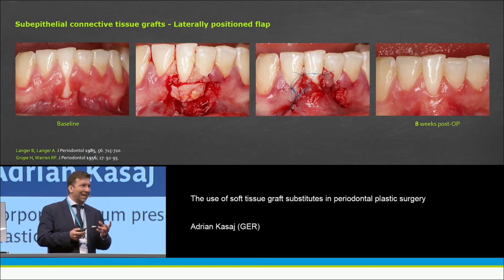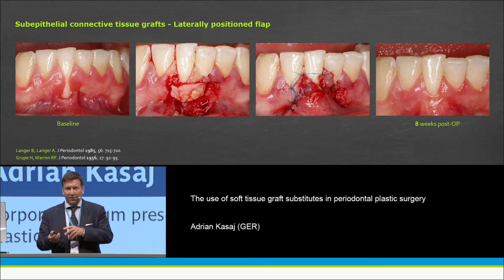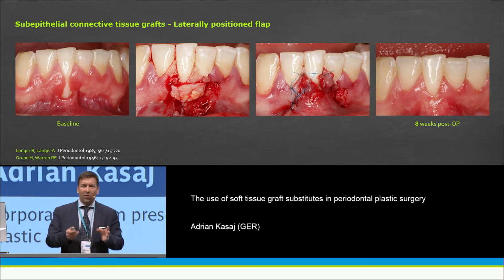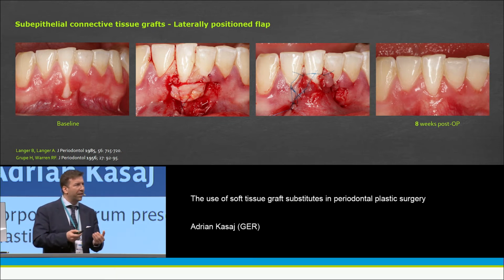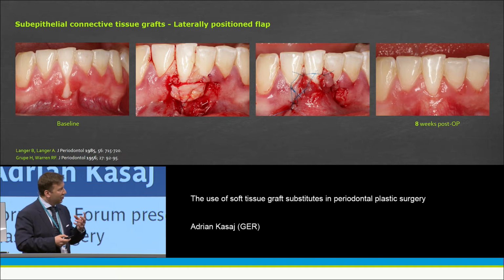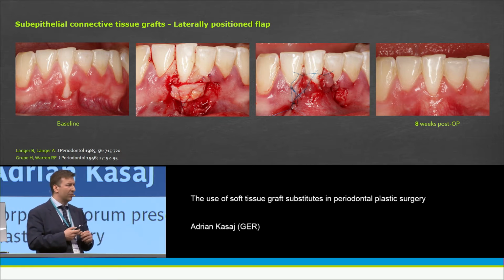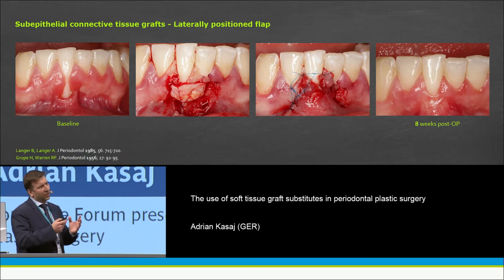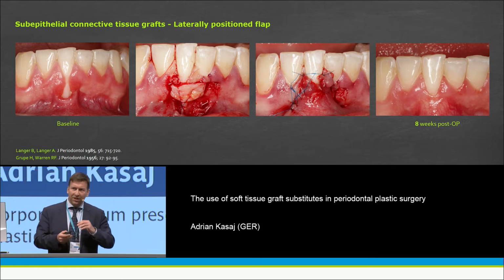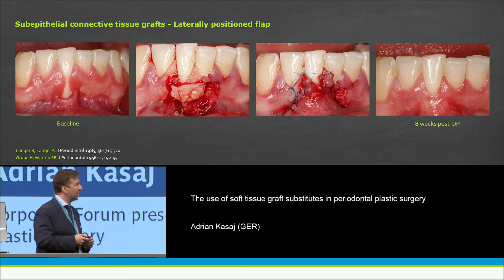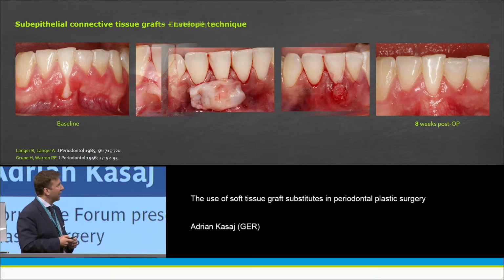Now you see the big difference with the submerged graft in comparison to the free gingival grafts. It's not only the coverage effect, you have the thickening effect, but when it comes to the aesthetic parameters like colorimetric integration, integration into the surrounding tissue, and the texture, it is much preferable in comparison to the free gingival grafts.